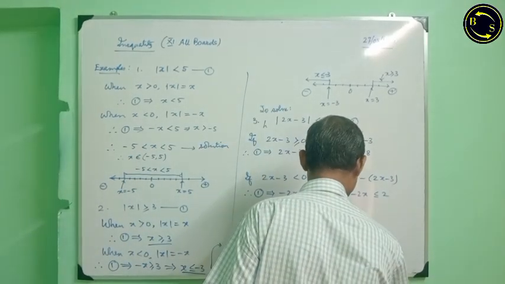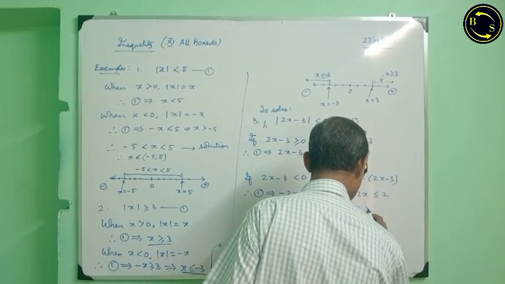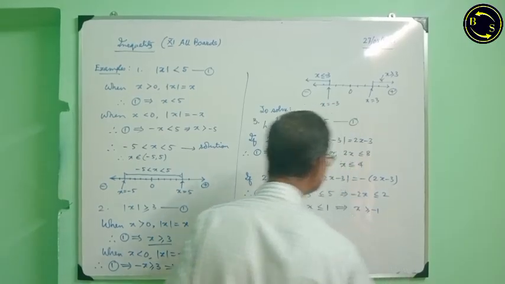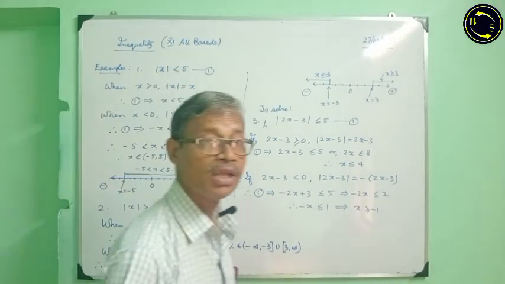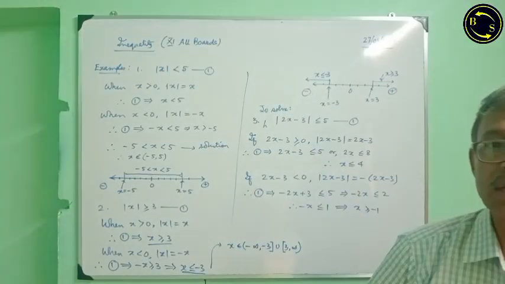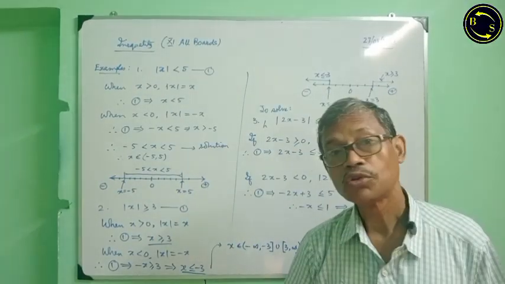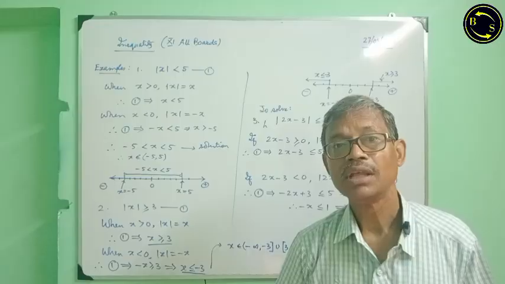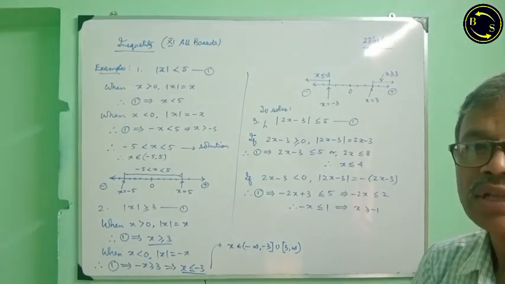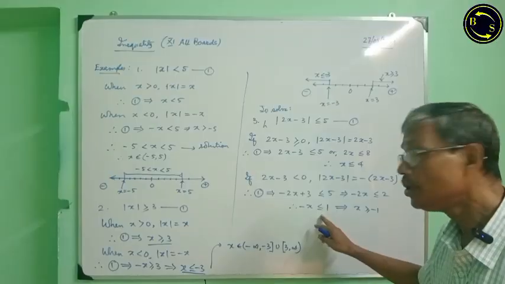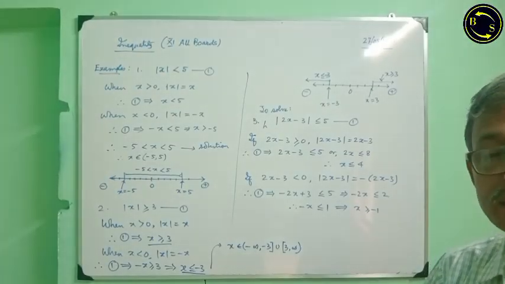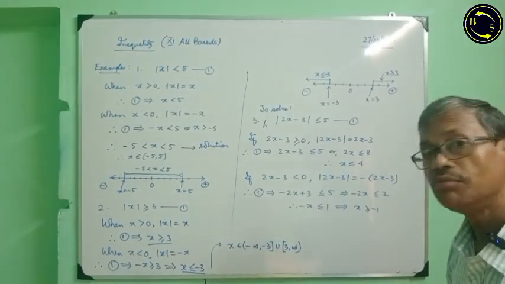From that, x greater than equal to minus 1. Remember this, while you are multiplying or dividing both sides of an inequation by a negative number, the inequality sign will be reversed. Be cautious.